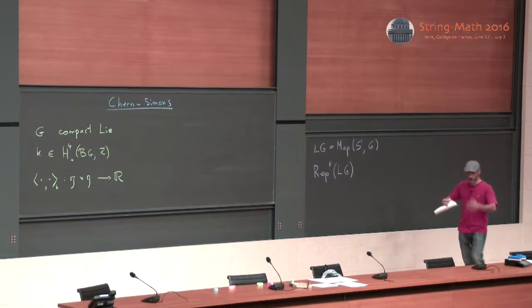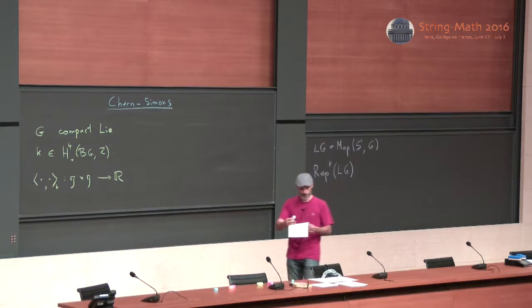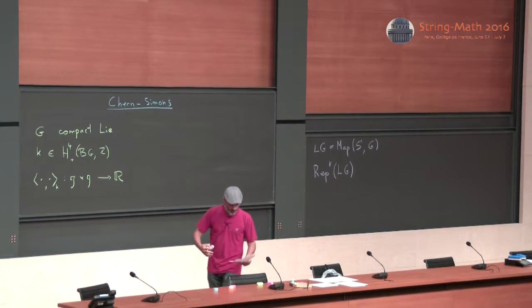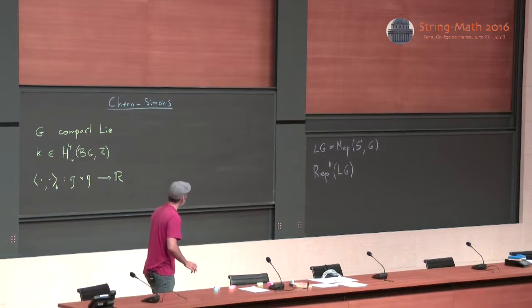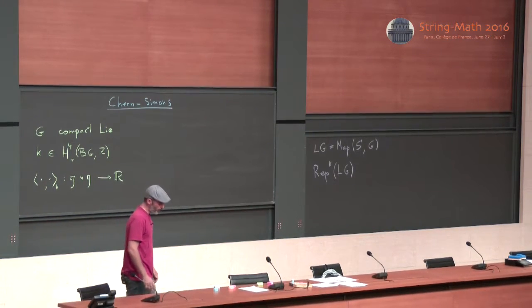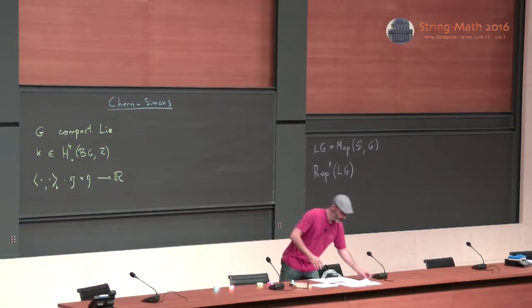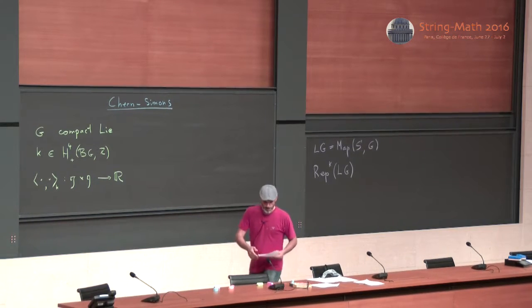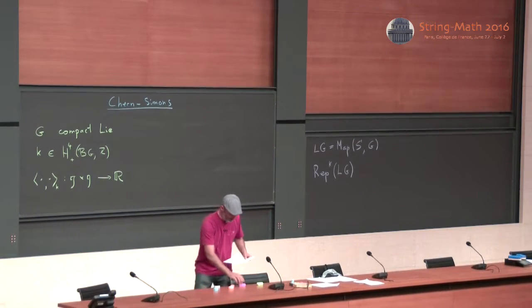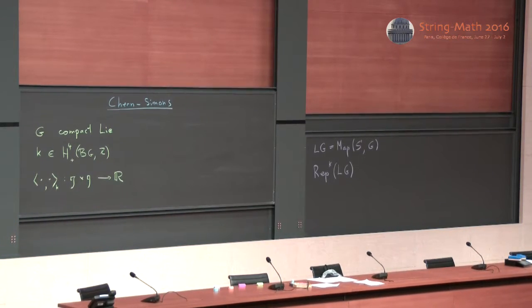So if I want to say the whole correct set of words, this is a category of positive energy representations of LG at level K. This is a tensor category with respect to the so-called fusion product, which I will not have the time to explain right now.